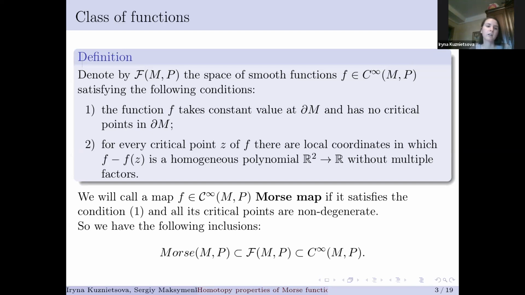And the second is that for every critical point of f, there are local coordinates in which f is a homogeneous polynomial without multiple factors. So we see that Morse maps are a subset of this class.